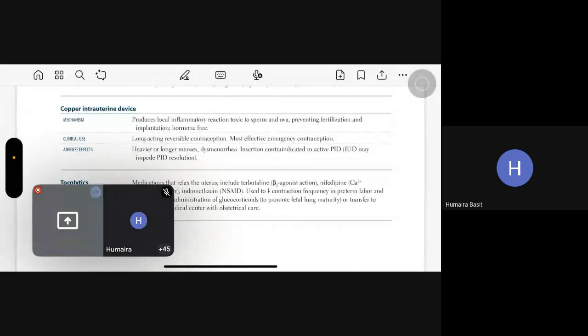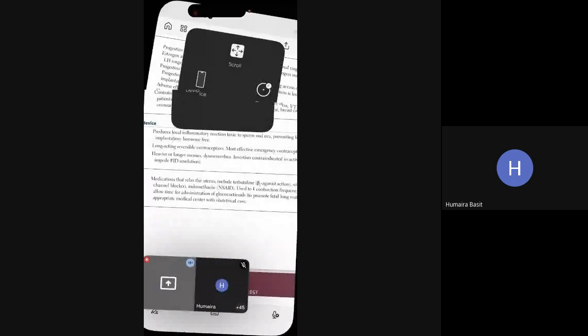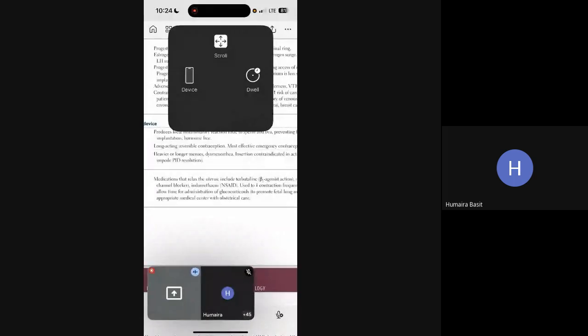So when we give those progestin IUD, it will cause them to become smaller. Okay. So in subserosal fibroids, we can give progestin IUD, but in a case of submucosal or submural fibroids, we do not give IUDs.